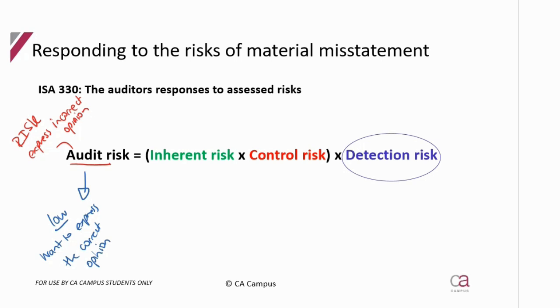And so we need to first identify where the risks of material misstatement lie, which is the inherent and the control risks, which we got from understanding the entity and its internal control.